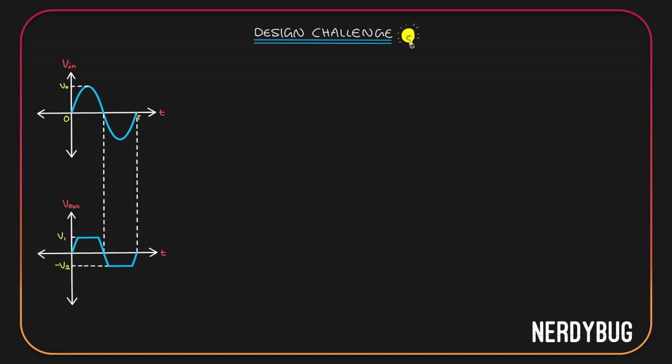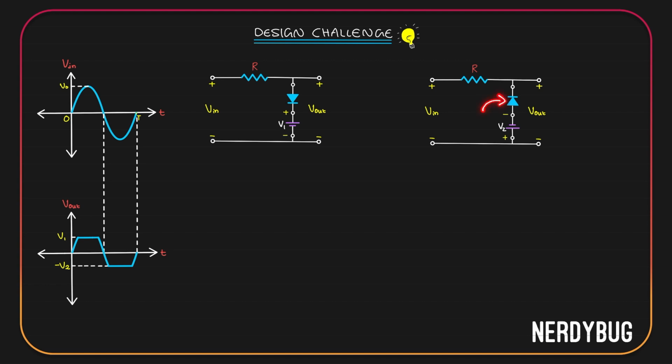To clip whatever is above V1, we need a circuit like this. This is a positive clipper and the clipping will happen at V1. To clip everything that is below minus V2, we can use a circuit like this. This is a negative clipper and the clipping will happen at minus V2. If we want both of these to happen, we have to combine the two circuits, which is pretty easy actually.